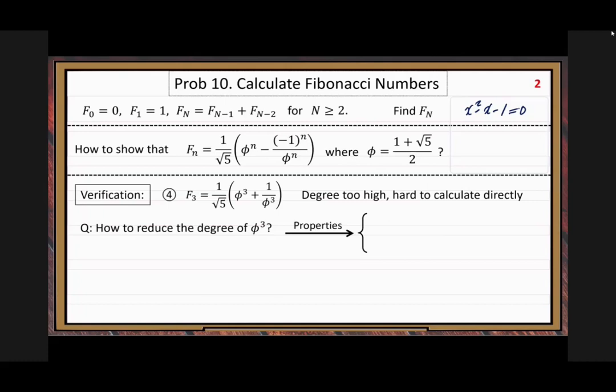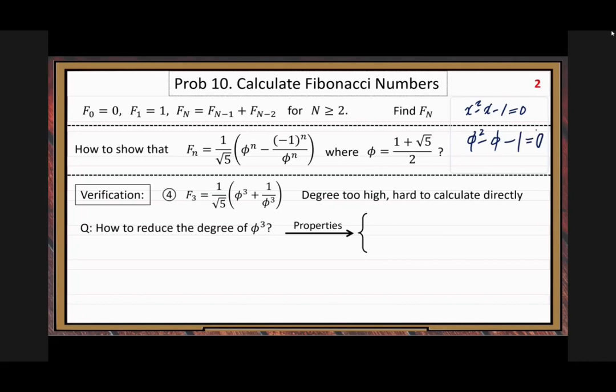It means if we plug the golden ratio into this equation, the equality holds: phi squared minus phi minus 1 equals 0. Must be correct.